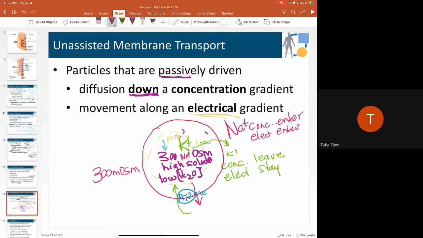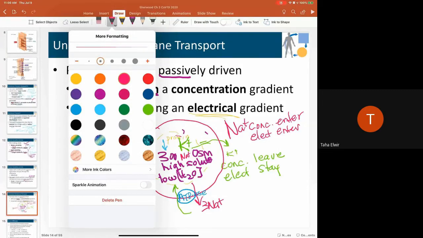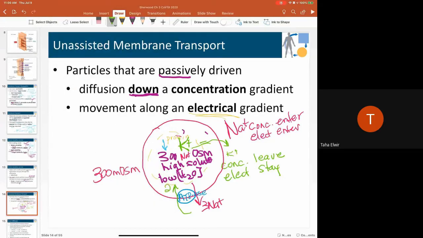The ATPase is pumping three sodiums out for every two potassiums it pumps back in. This inequality helps to keep the inside of the cell negative because it's not pumping back in as much potassium as is actually leaking out.